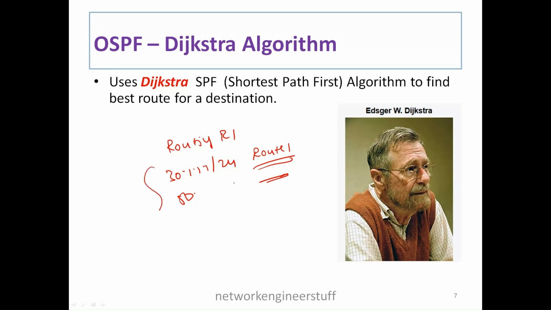So it will be having best routes in its table, and that table is known as the routing table in OSPF. So the algorithm which finds out the best route is the Dijkstra algorithm. And of course we should have a lot of respect for Sir Dijkstra.